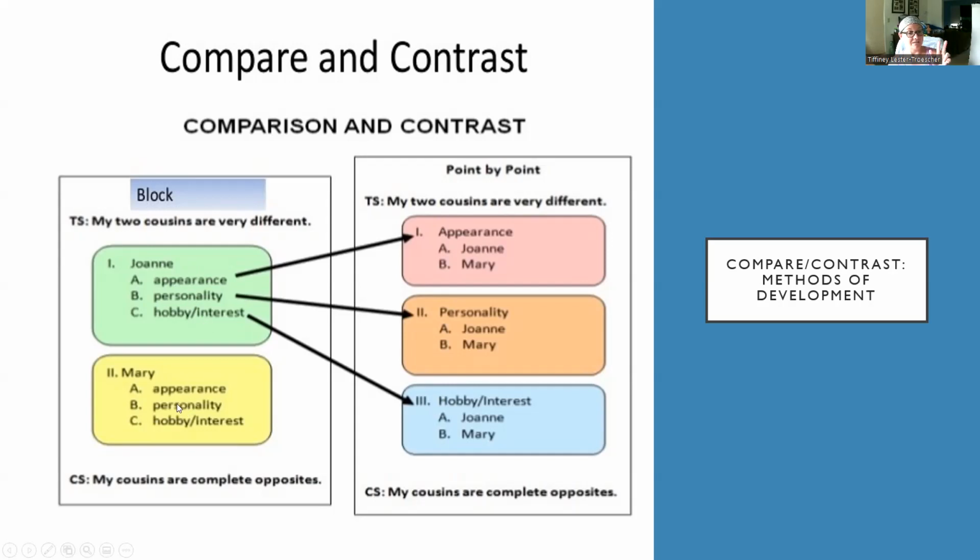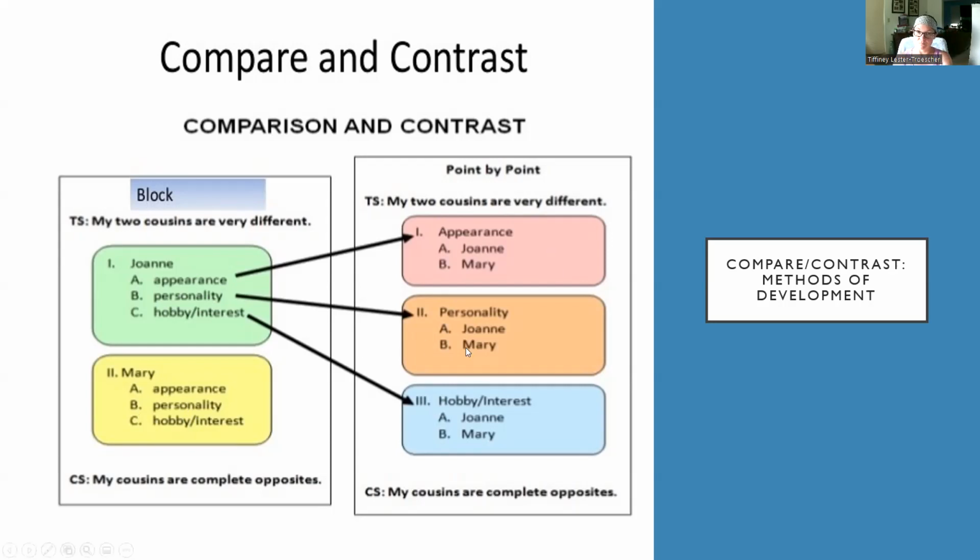When we got down here to the section on Mary, not only did we discuss those same three ideas, but we discussed them in the same exact order, right? So in this section on Joanne, it's appearance, personality, hobbies, and interests. In this section about Mary, it's appearance, personality, hobbies, and interests.